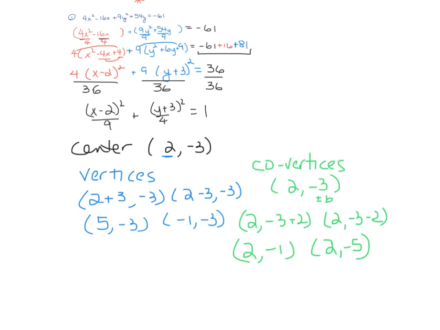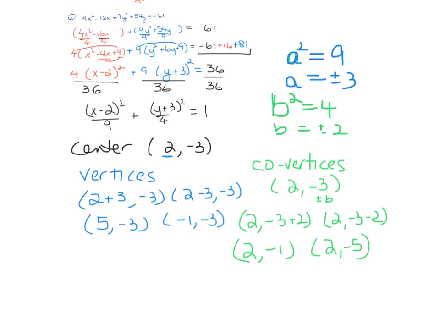All right, so I guess I didn't clarify what that was, so let me just do that. a squared is always the bigger number when it's an ellipse. So my a squared was 9, so a was plus and minus 3. My b is the smaller, so my b squared is 4, so b is plus and minus 2.